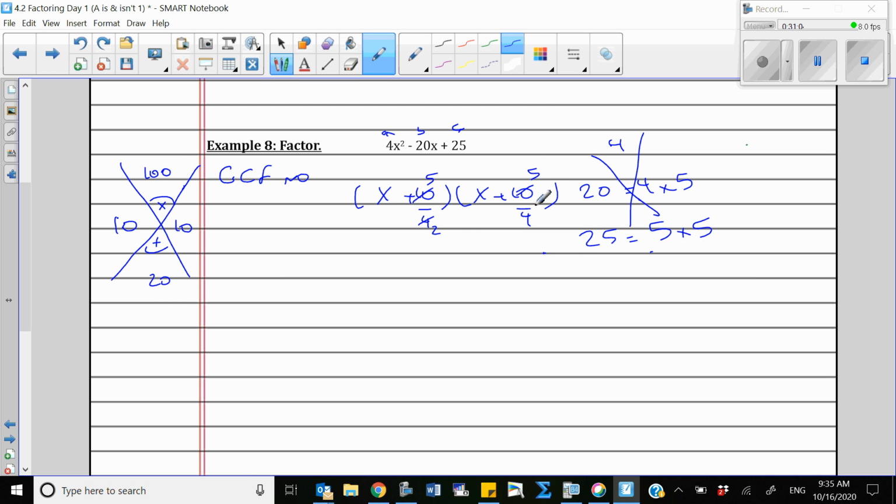The same here, 5 and 2. So it can be written as x plus 5 over 2 times x plus 5 over 2. Now they are not dividable, so I'm just going to slide them to the front of x. So it's going to be 2x plus 5 and 2x plus 5. Then just write it as 2x plus 5 squared.